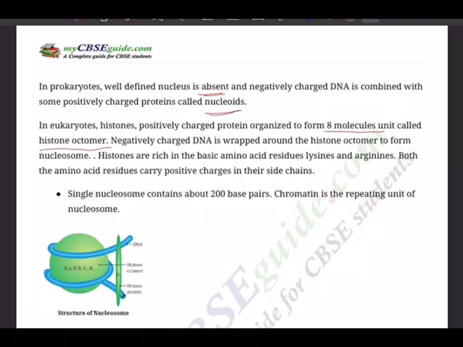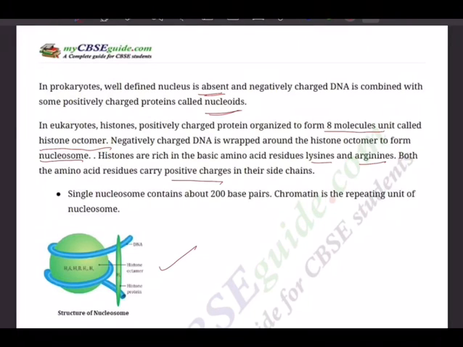Called a histone octamer. Negatively charged DNA is wrapped around the histone octamer to form a nucleosome. So you can see the structure of the nucleosome here. Histones are rich in basic amino acid residues like lysines and arginines. Both these amino acid residues carry positive charges in their side chains.